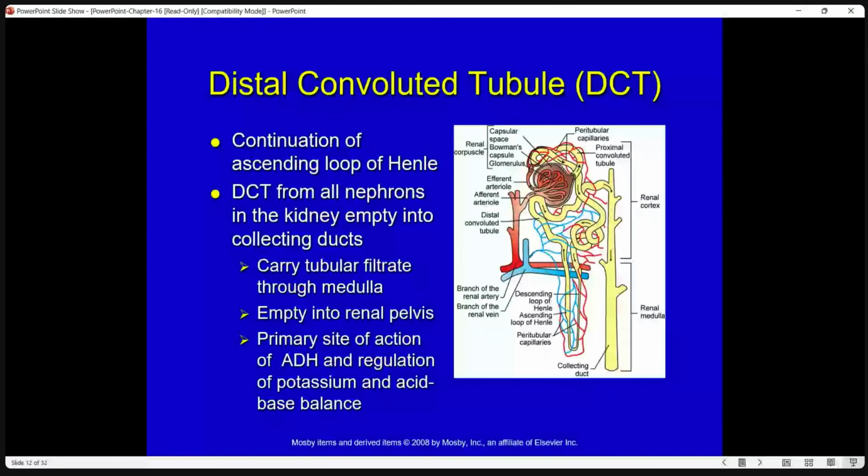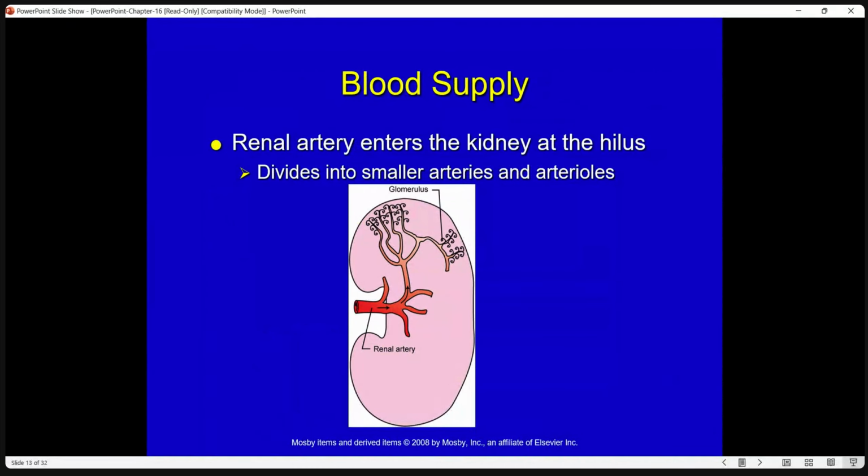And so this is where the body actually regulates the absorption of the electrolytes and also water. So if the body is dehydrated, the body will reabsorb more water. If it's not dehydrated, it will release more water. And that, I believe, should be home.